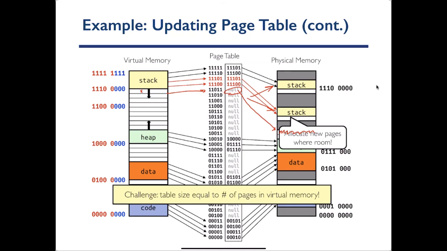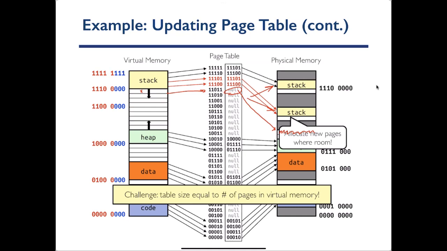Now, here is where we are going to come back to the question that one of you asked about the size of this page table. As you can see, the size of the page table is going to be huge. We're going to have one element per virtual page. And as we discussed previously, we have so many virtual pages, because the size of virtual memory is humongous, and you divide it by the size of each page.